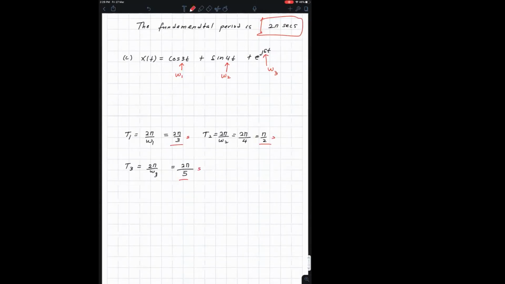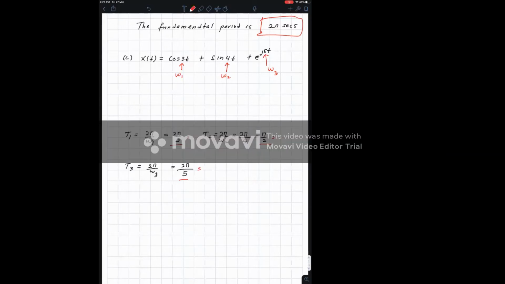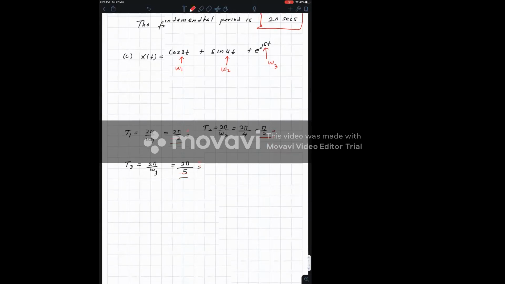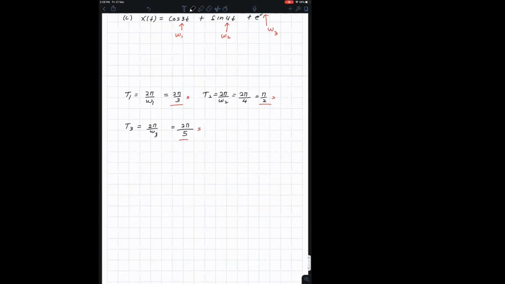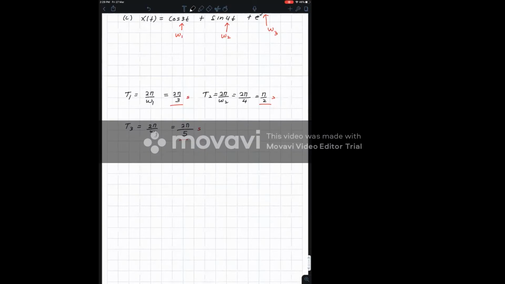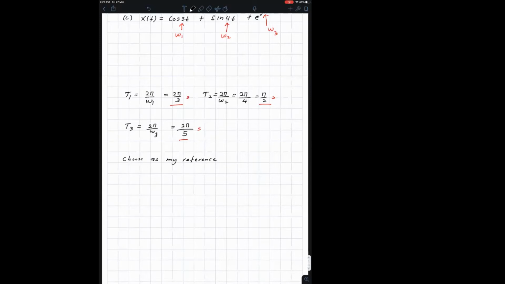So how are we going to do this? There's a couple of ways, but one way is you can choose one of them as your reference period, and then compare the other two periods with this reference period. Let's say I choose T1 as my reference. That means I'm going to compare T2 and T3 with T1.